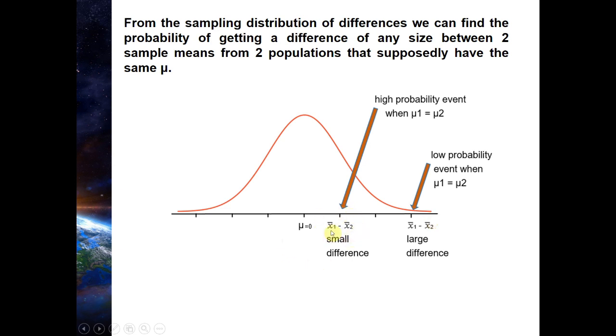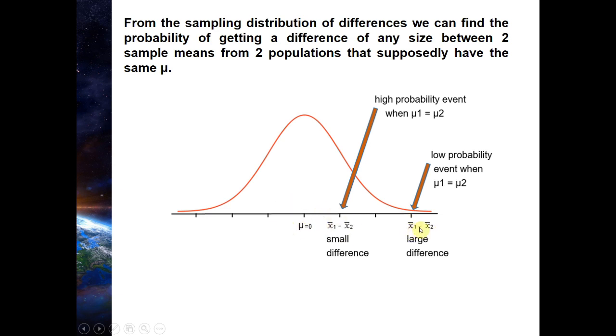But if you were to get a difference between men and women that is very small, then we would say, well, that's no big deal. We kind of expect that, right? Even when mu1 equals mu2, we know we're going to see differences between our sample means. And as long as that difference is small, it's probably just sampling error.